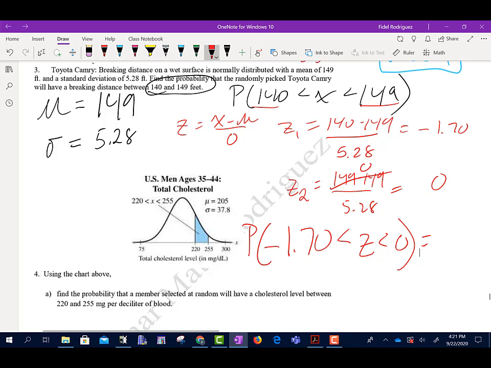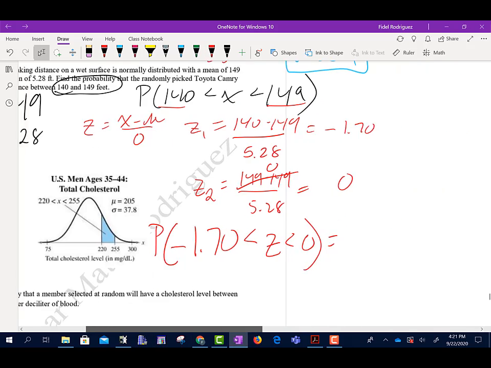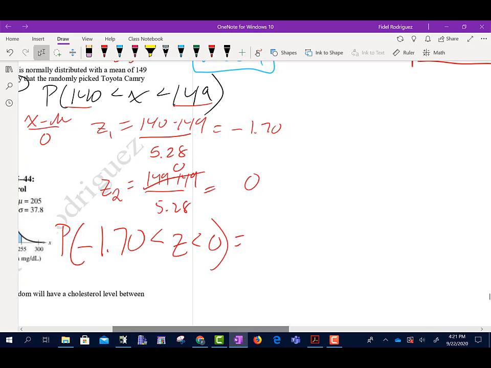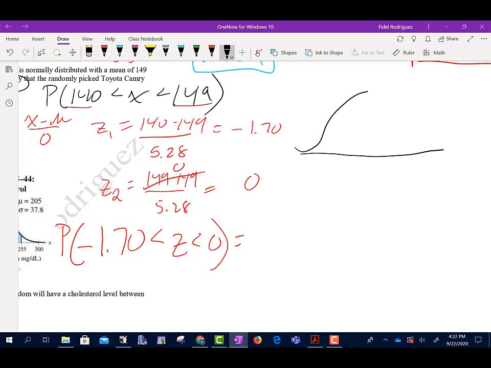Okay, so I'm going to mosey on over. Yes, I said mosey this way, and I'm going to draw a picture. Okay, let me draw a picture. So here's my standard normal curve. Okay, here's my mu is 0, and I'm looking at negative 1.70.